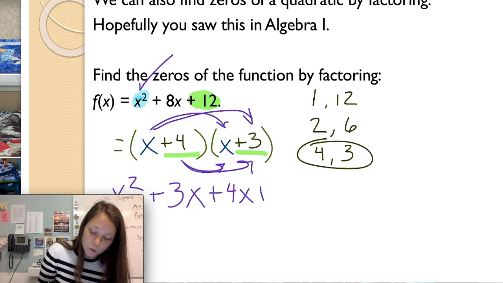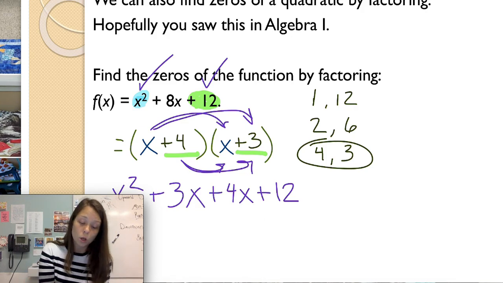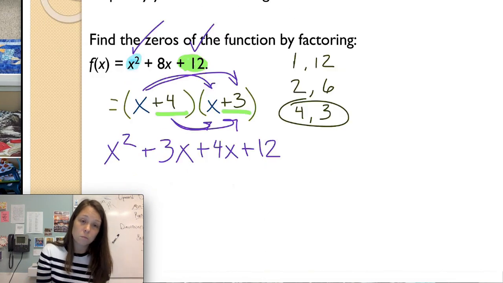And 4 times 3 is 12. So I'm getting my x squared and my 12, which makes sense because that's how I chose the numbers.